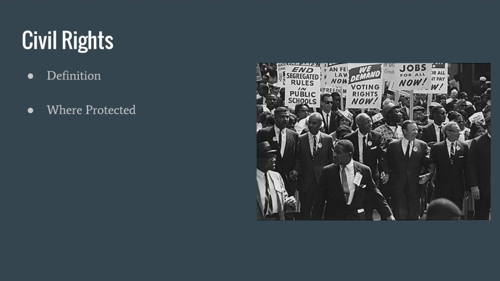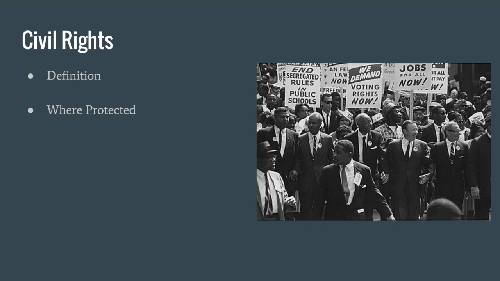And of course, we know that the court has established levels of scrutiny to determine how to judge laws that discriminate, to try to determine if those laws are constitutional or not. Additionally, today, states are important places where civil rights are protected. Most states have a lot of anti-discrimination legislation.